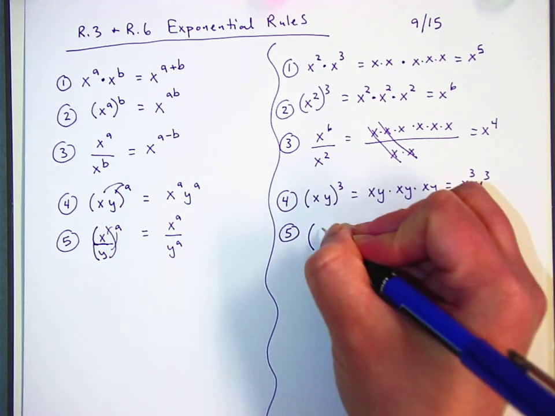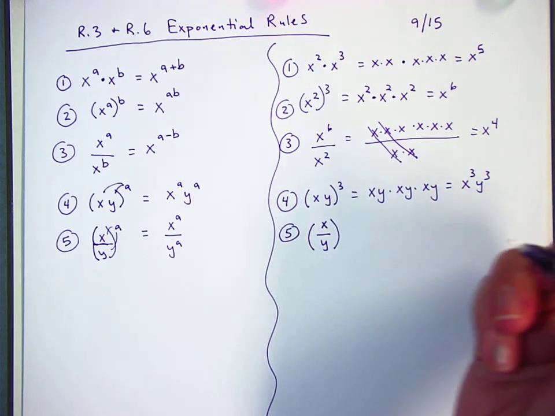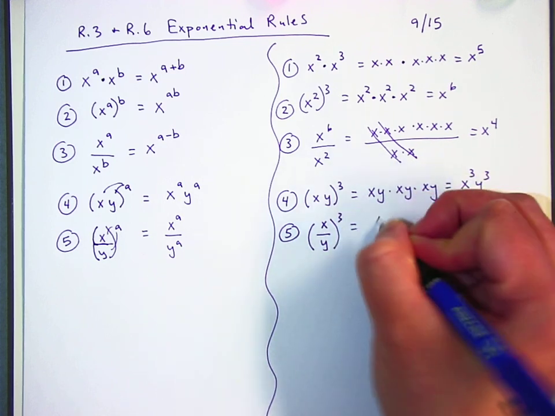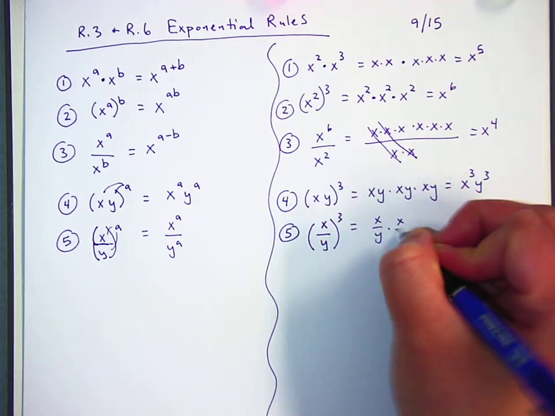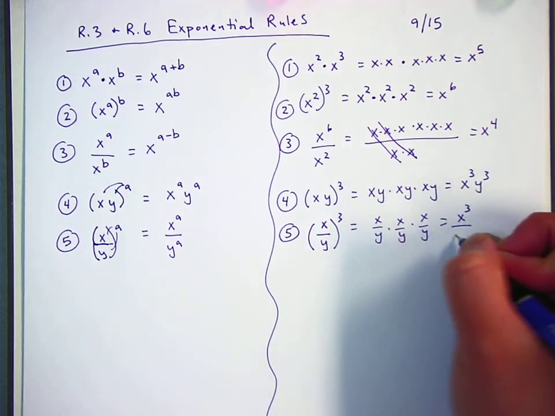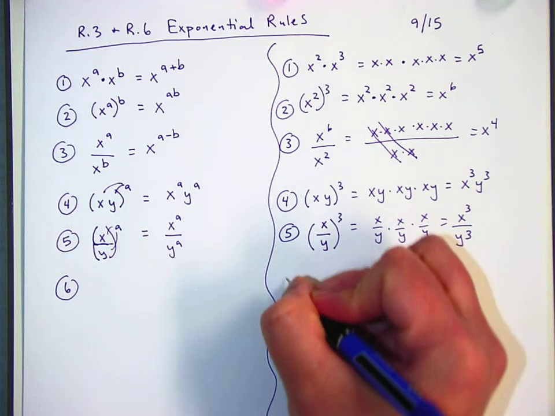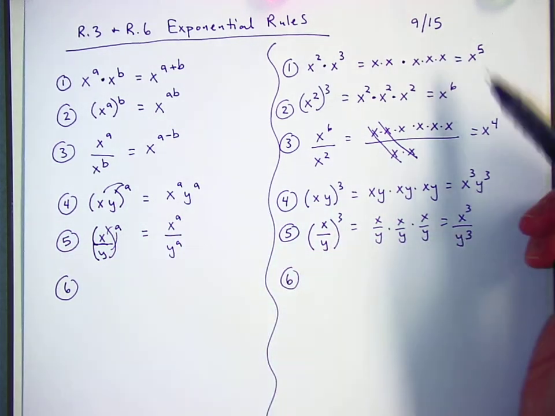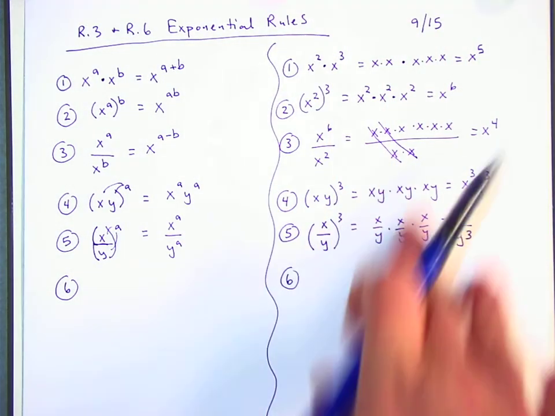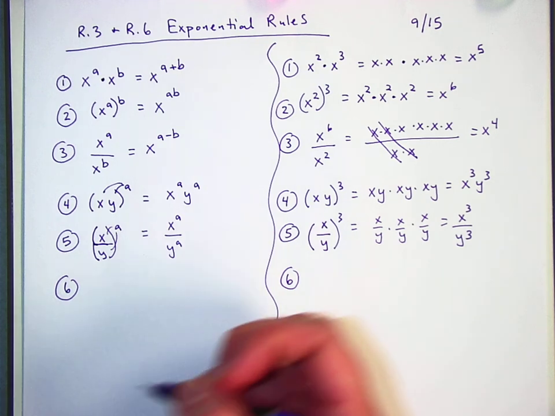If I made it to the third again, that would be x over y times x over y times x over y, which is x to the third over y to the third. I don't always remember these rules. I just remember how the math works on the right side. This is the stuff I guarantee that I know how to do. These rules, sometimes I have to do a little bit of work to figure out what the rule is again when I forget.